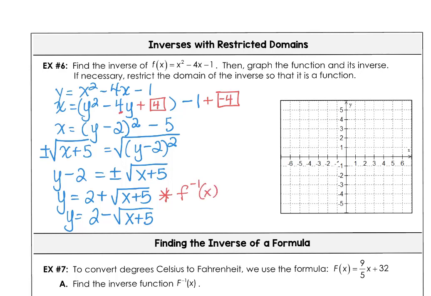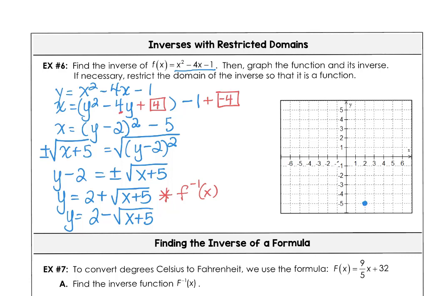And we're going to graph x squared minus 4x minus 1. If you know the properties of parabolas, you can find the vertex as half of the b value, opposite b over 2a, which is 2, and then substitute that back in.